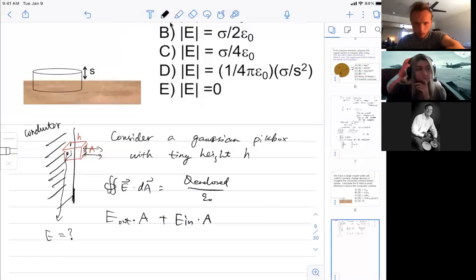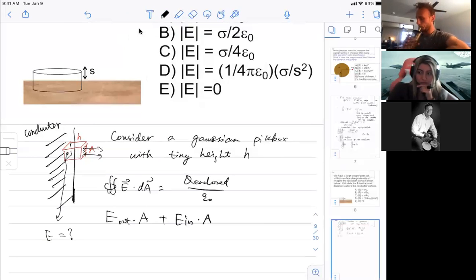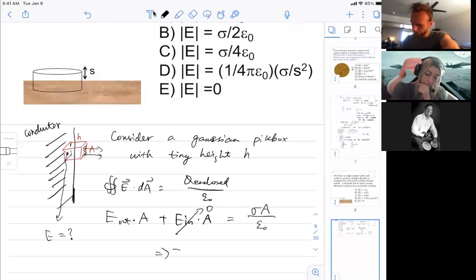So what is the E at the bottom surface? 0. Yes, thank you to all of those who put in their answers and contributed. It's actually 0. And that gives me charge enclosed: sigma times A, surface density times area. So I calculate E outside is what? Sigma over epsilon naught. Okay.